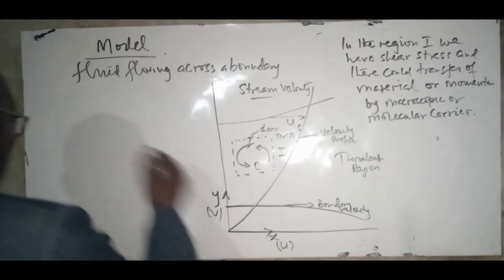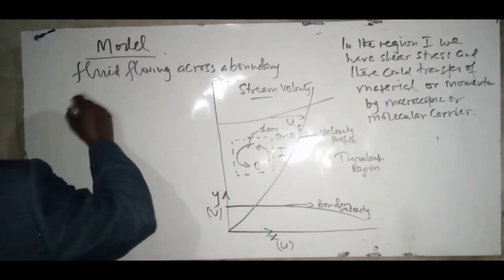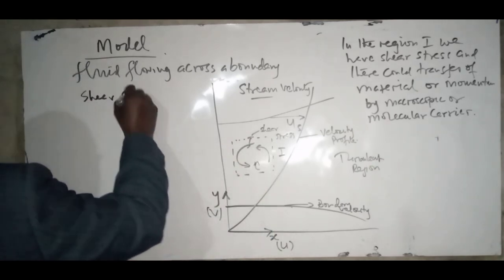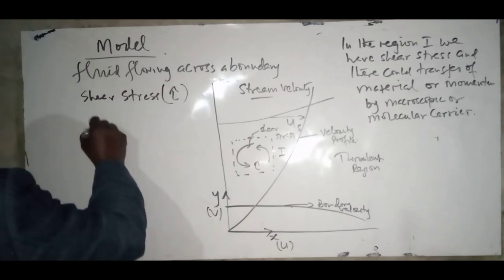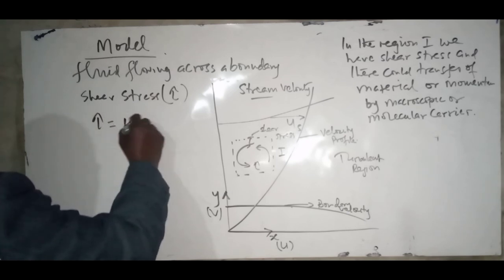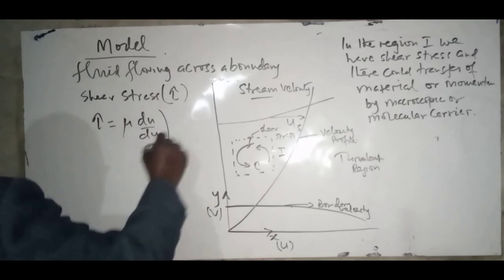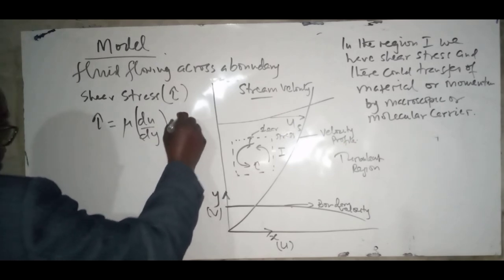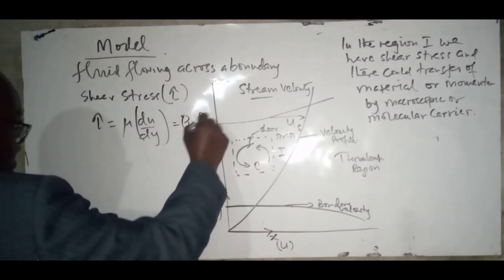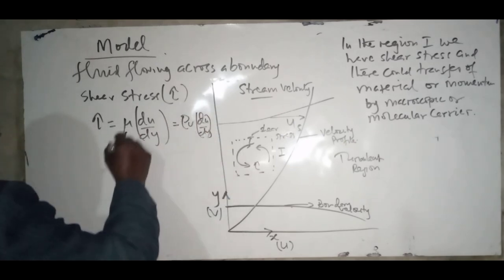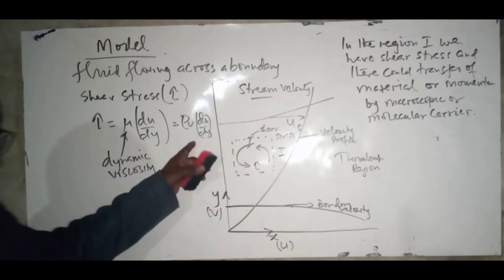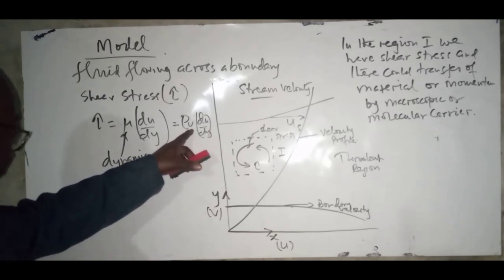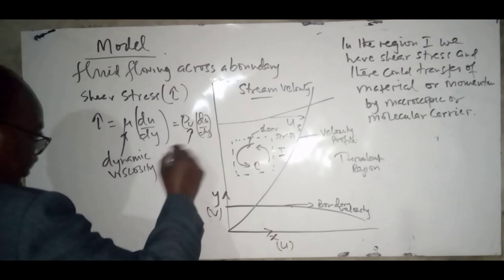So the shear stress, which we denote as tau, we know tau is mu du/dy, and that is also rho nu du/dy. You know that this mu is dynamic viscosity, rho of course is density, and this nu there is kinematic viscosity.